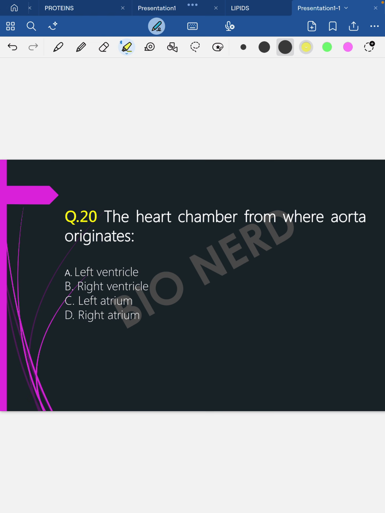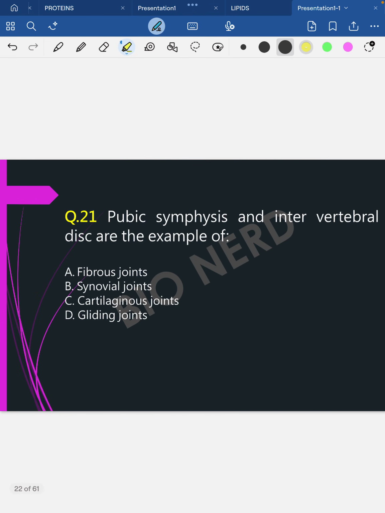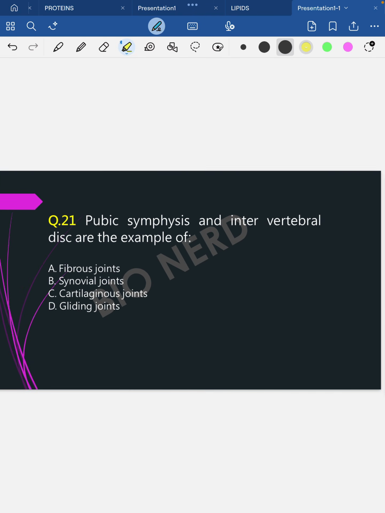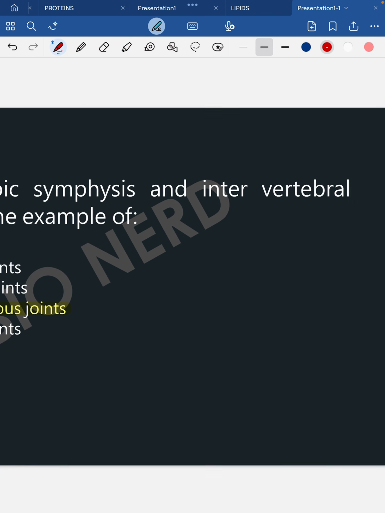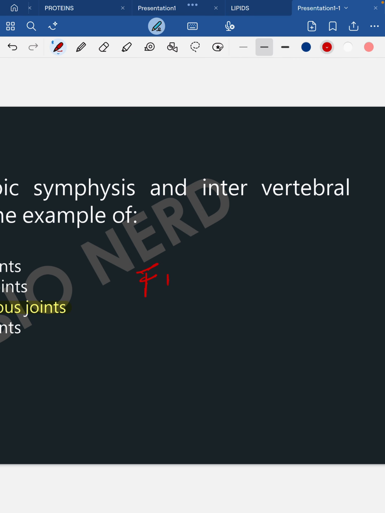So when the left ventricle contracts, it pumps blood to the aorta. So here the answer will be left ventricle. 21. Pubic symphysis and intervertebral disc are examples of cartilaginous joint. Which type of cartilage is present here? The answer will be fibrous cartilage. In these two joints fibrous cartilage is present.